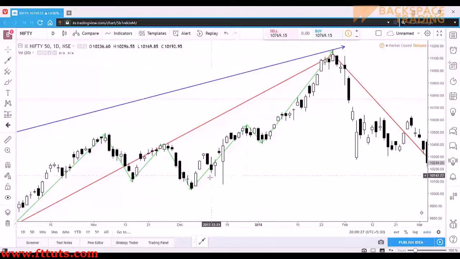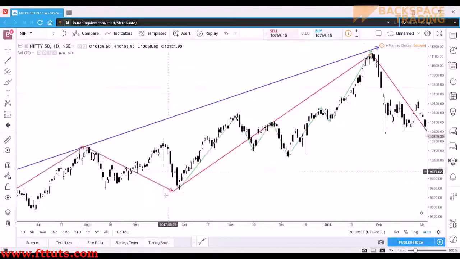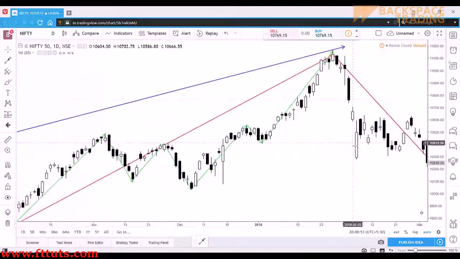Now, if you take notice, just look into the picture. Once a trend begins, there will be one big up move, a small down move. Here it went a little up, came down, one big up move, small down move, big up move, and trend just didn't continue over here.